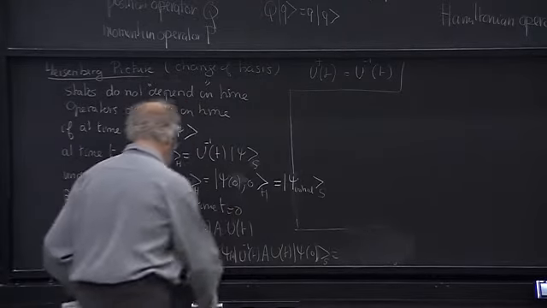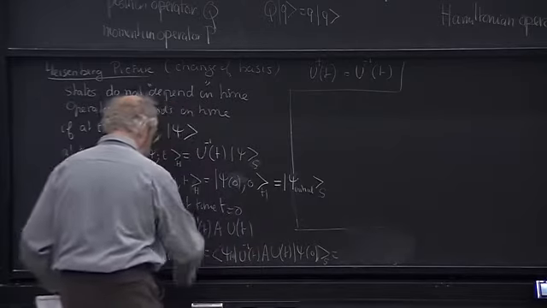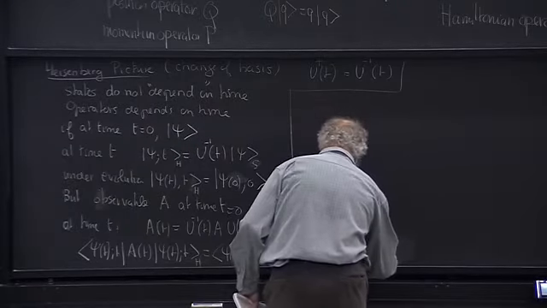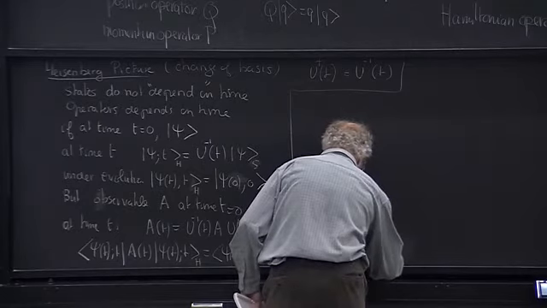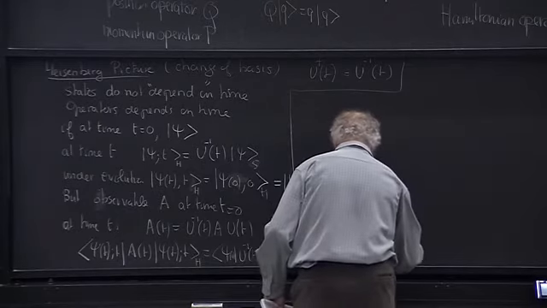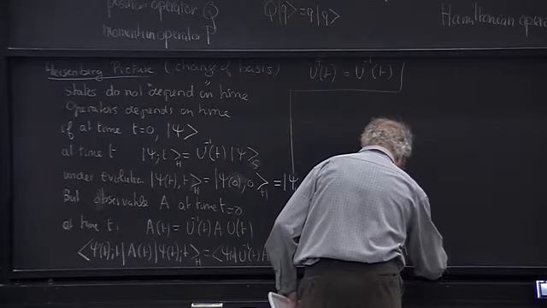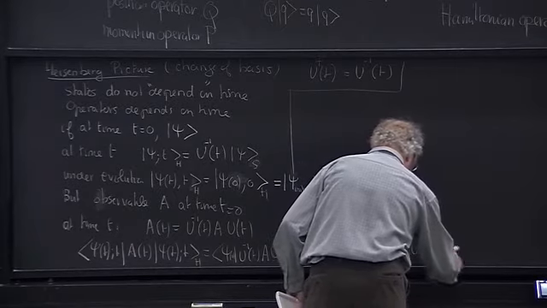And A of t is given by that. So this is the same thing as psi initial times U minus 1 of t times A times U of t times psi initial.